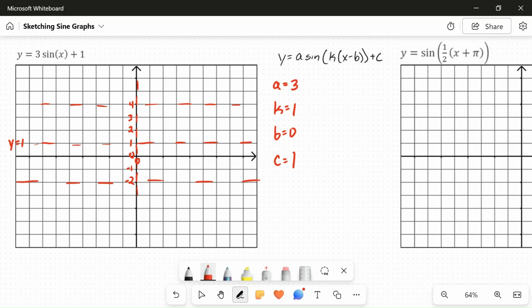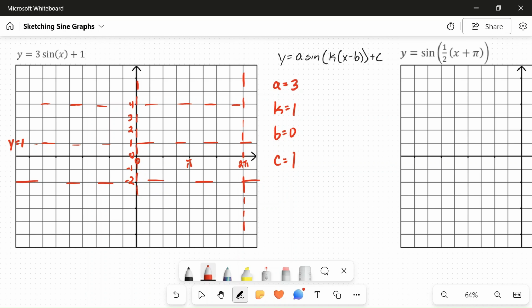Let's say every 4 lines is a distance of pi. So there's pi, and then we'll go 4 more: 1, 2, 3, 4. So here is 2 pi. You can scale it however you want. I just like going big so I can have a big picture. We're going to start at 0 and end at 2 pi because that's the length of one period of the graph, and we have not affected the period at all.